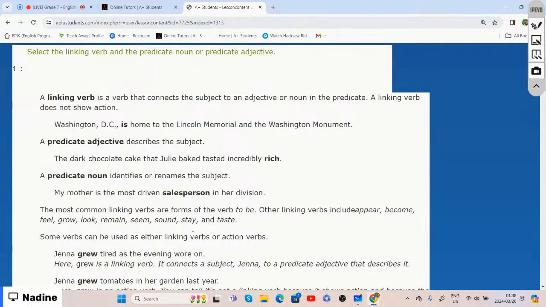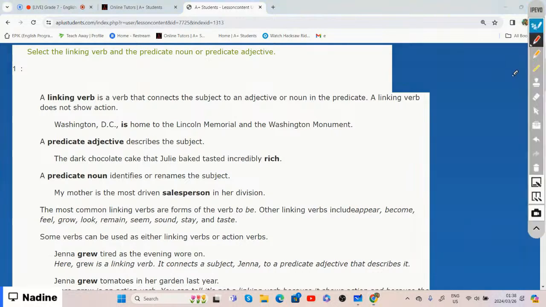But now, linking verbs: a linking verb is a verb that connects or joins the subject to an adjective or the subject to a noun in the predicate, right?